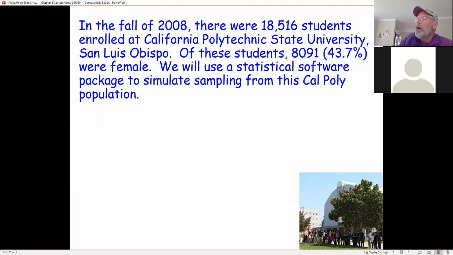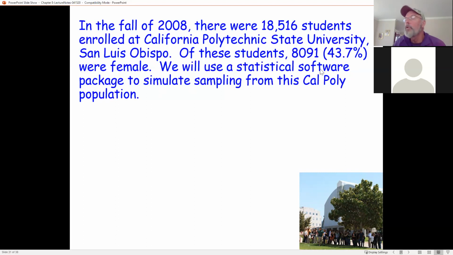Of these students, 8,091 are females, and that proportion then is 43.7%, or 0.437.